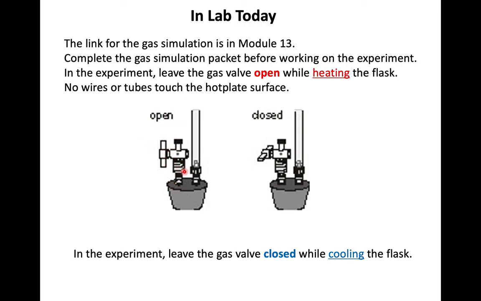Again, open means it's along, closed is perpendicular to how it flows. No wires or tubes should touch the hot plate surface. And then once you get to the point that you have it up to temperature, you're going to close the gas valve and you'll be cooling the flask. And you do not want to open that valve until you've run all the way through the low temperatures, because you don't want to have any gas come in and you don't want to have any gas go out.